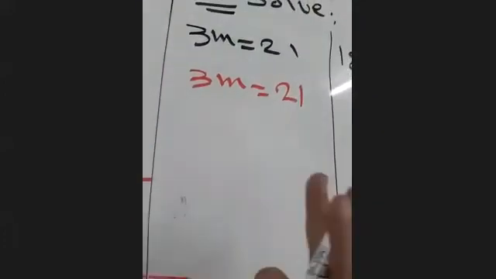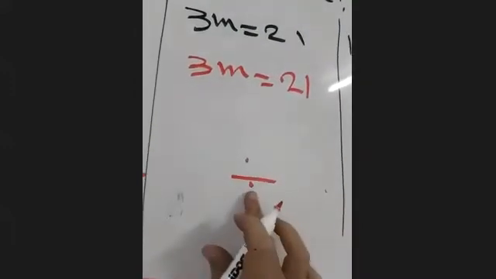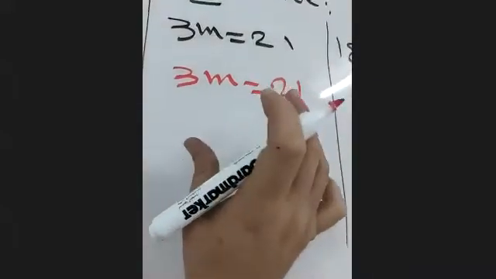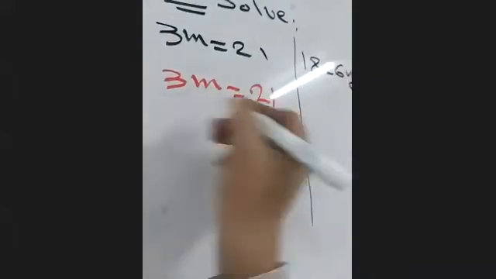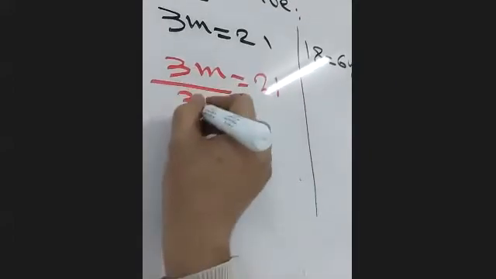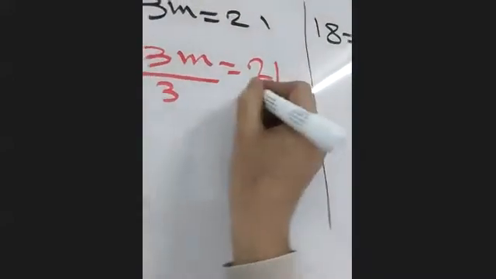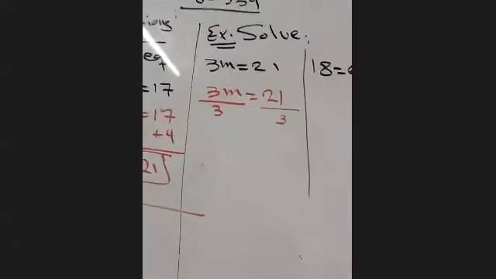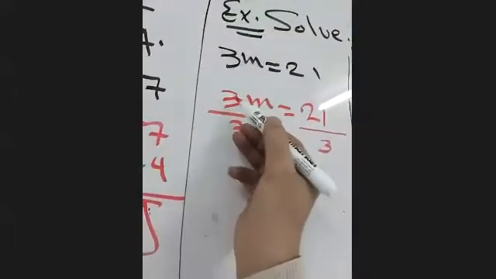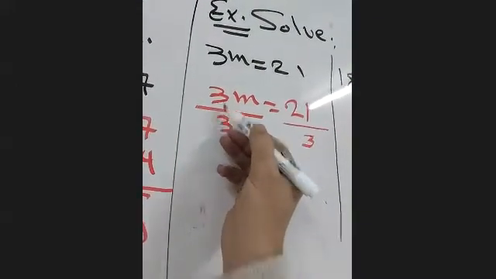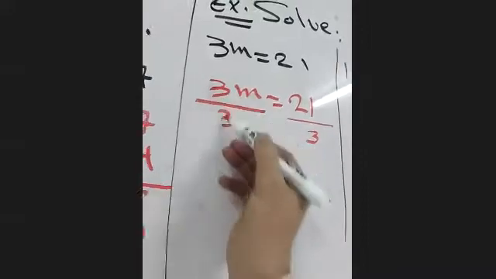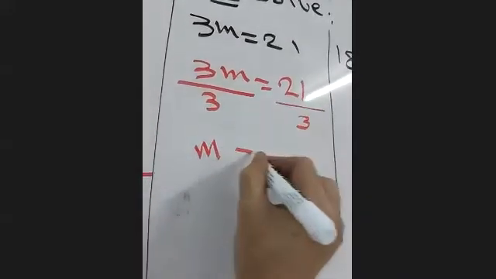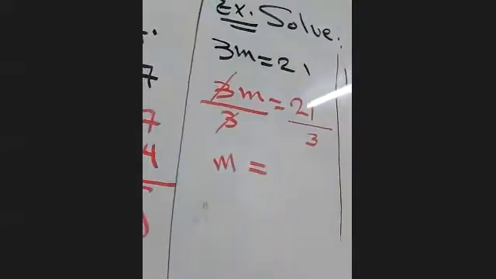But I will use the fraction form, not this division sign. This is division, but I will use the fraction form exactly like this, and you will do it like this. Divide both sides by 3. Now let's simplify. 3 divided by 3 is 1. 1 multiply m is m. The equal sign comes down, the 3's are gone.